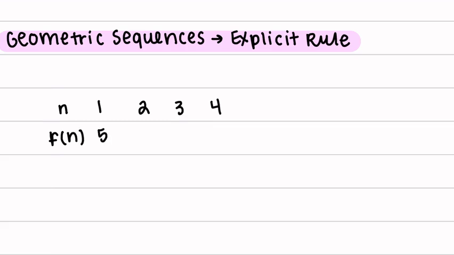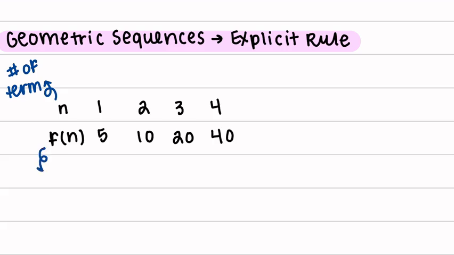So we said 5, 10, 20, 40. So let's do some labeling here. n represents the number of the term. So we would say like the first term, the second term, third term, so on. And f of n is the value.